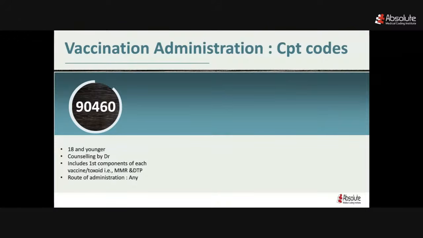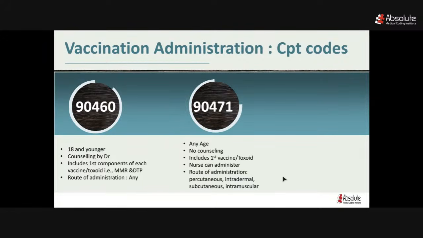Now let's look into the next CPT code, 90471. It can be used for any age group. No counseling is needed, and it codes for the first vaccine or toxoid. Again, coders, note the difference. 90460 is only for the first component of each vaccine or toxoid, while 90471 is for the first vaccine or toxoid. And it can also be given by a nurse.